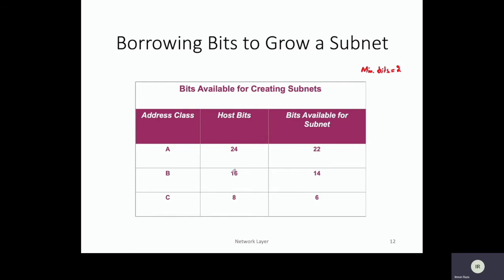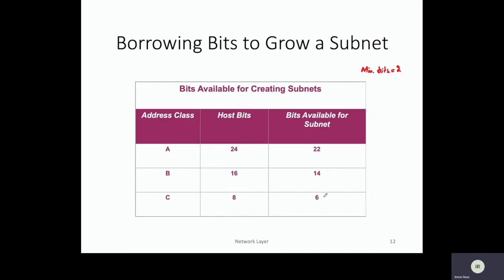Similarly, in class B, we know that 2 octets are there for the host portion. So this means 16 bits, and we have to spare 2 bits. This means we can borrow 14 bits for the subnetting process. Similarly, in class C, this is the smallest block. Obviously, here we have the first 3 octets for the network portion and 1 octet for the host portion, meaning 8 bits, and we have to spare 2.